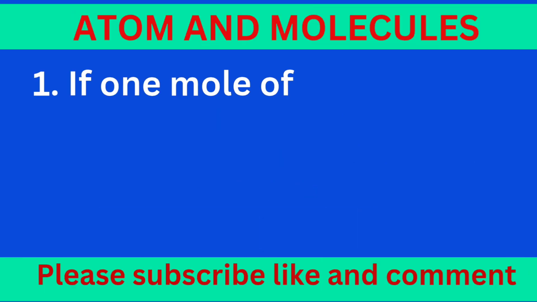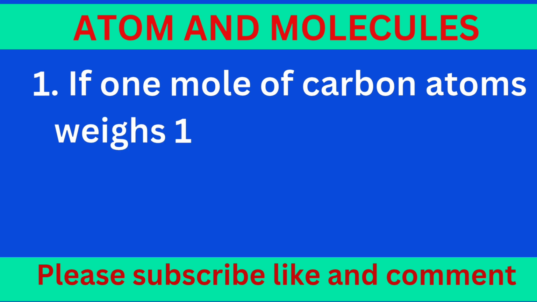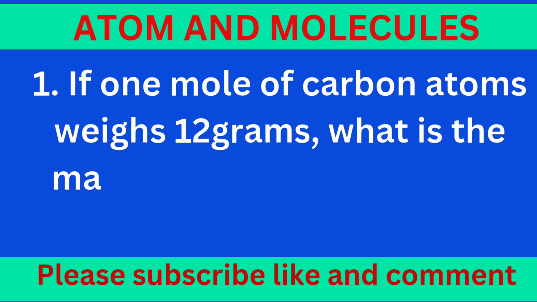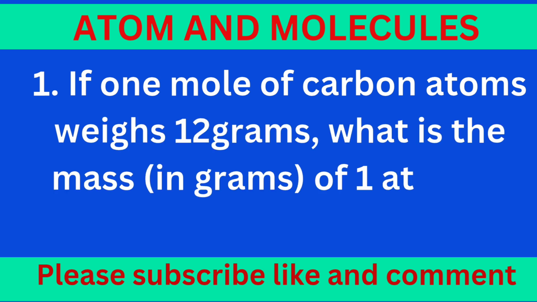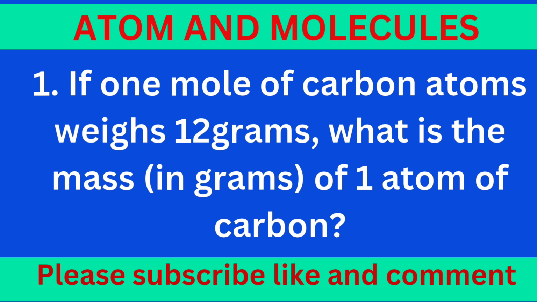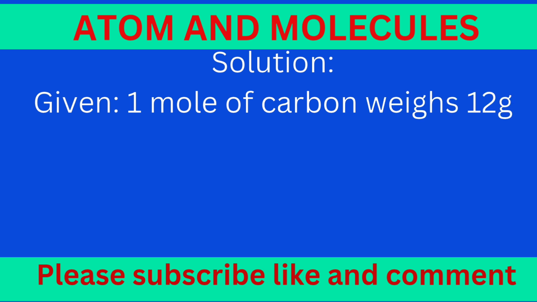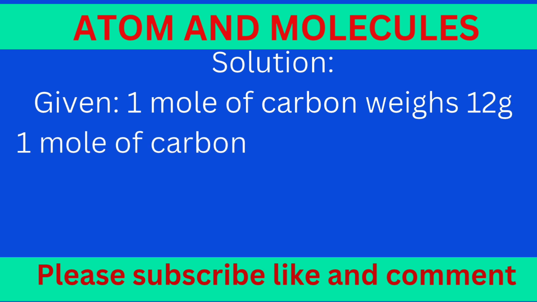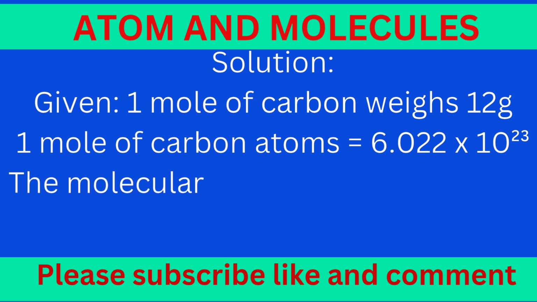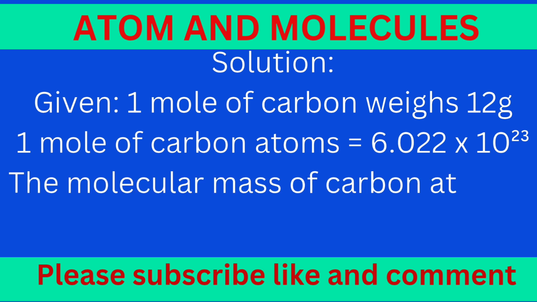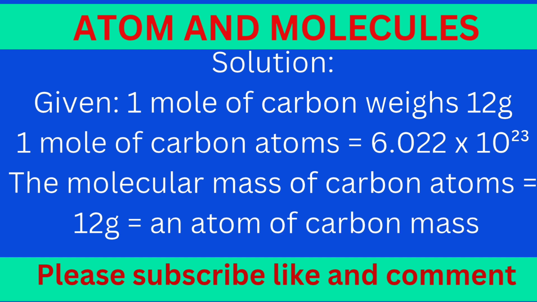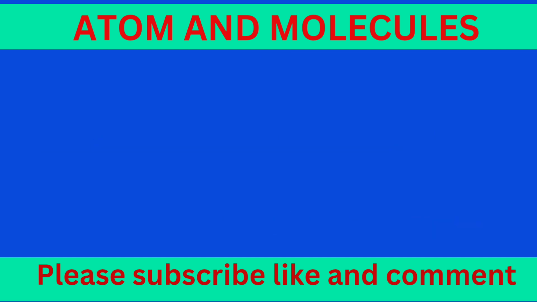Question number 1. If 1 mole of carbon atoms weighs 12 grams, what is the mass, in grams, of 1 atom of carbon? Solution. Given, 1 mole of carbon weighs 12 grams. 1 mole of carbon atoms is equal to 6.022 times 10^23 atoms. The molar mass of carbon, 12 gram, equals the mass of 6.022 times 10^23 carbon atoms.